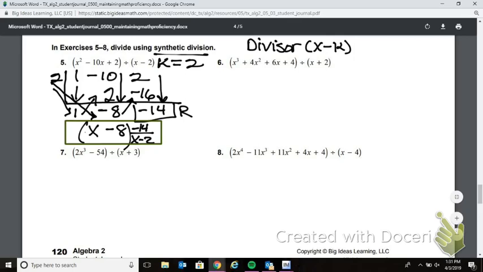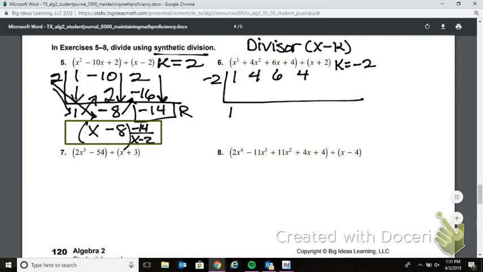Okay, next one. What is k on this problem? Negative 2. We'll grab our coefficients. We're not missing any, so we don't need any zeros. We drop the variables, we put them back on at the end. So we bring down the 1.